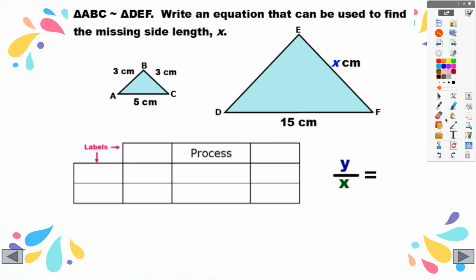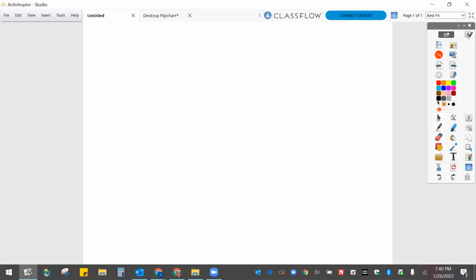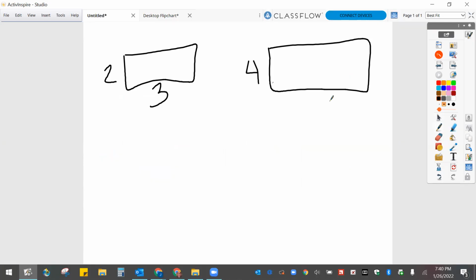So again, on today's paper, I would strongly suggest you make an EFT to find out which groups of shapes are similar, because once you make your EFT, you can determine if they're similar or not real fast. If I've got 2 rectangles and I needed to know if they're similar, I'm going to take my long and my short side.